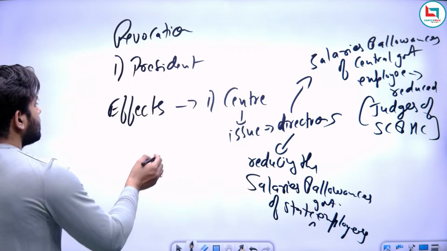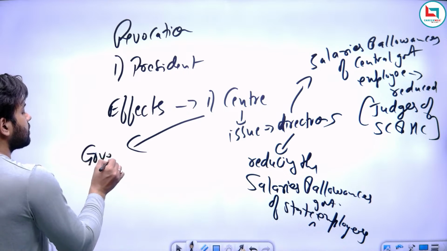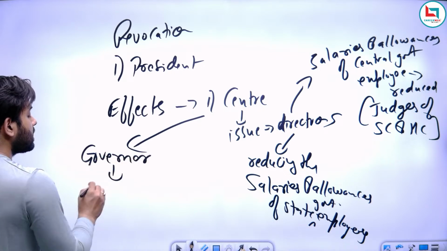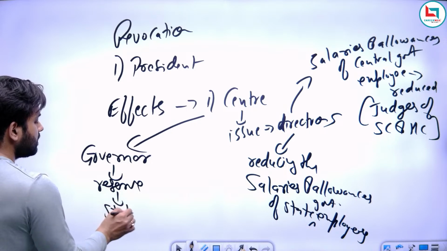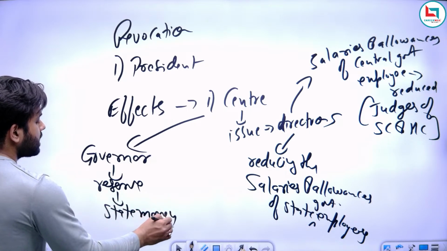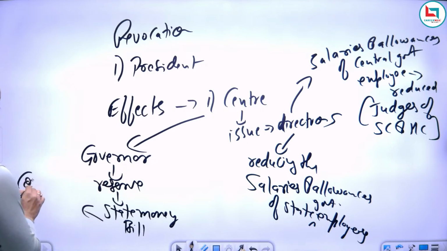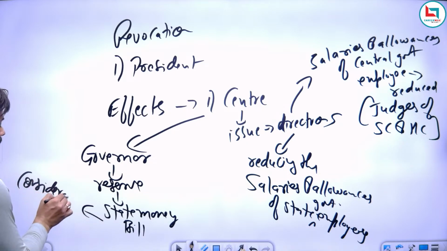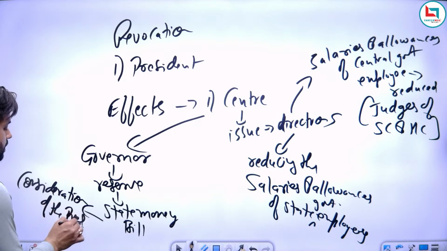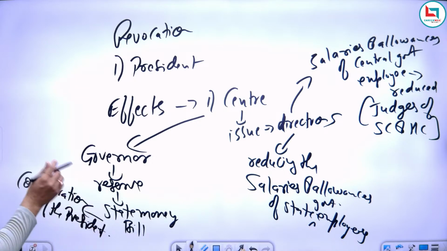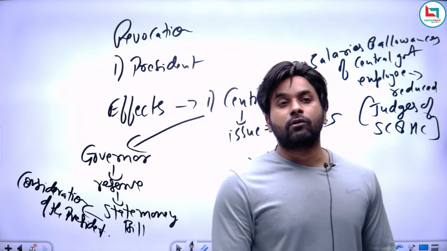So one more thing that is going to happen during the financial emergency is that all the governors of the states are required to reserve the state money bill for the consideration of the president. So I hope this thing is clear, that what will be the effect of financial emergency.